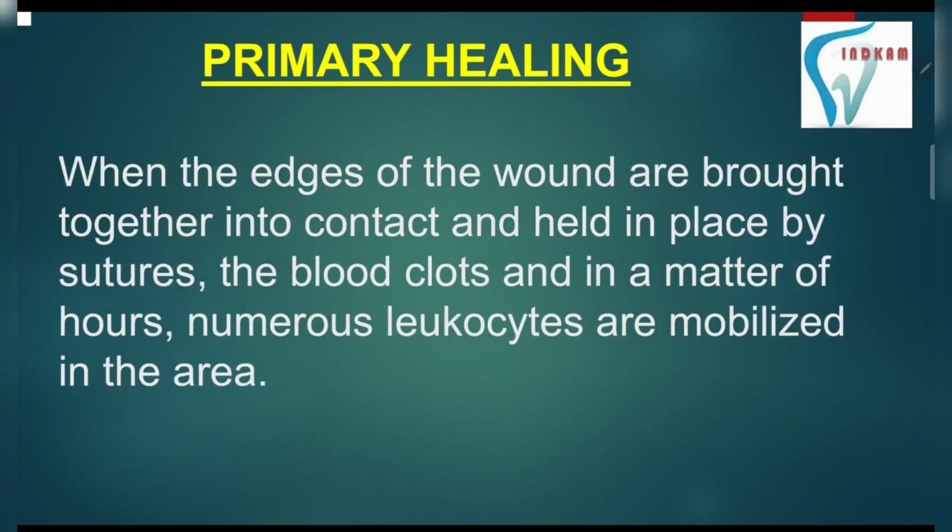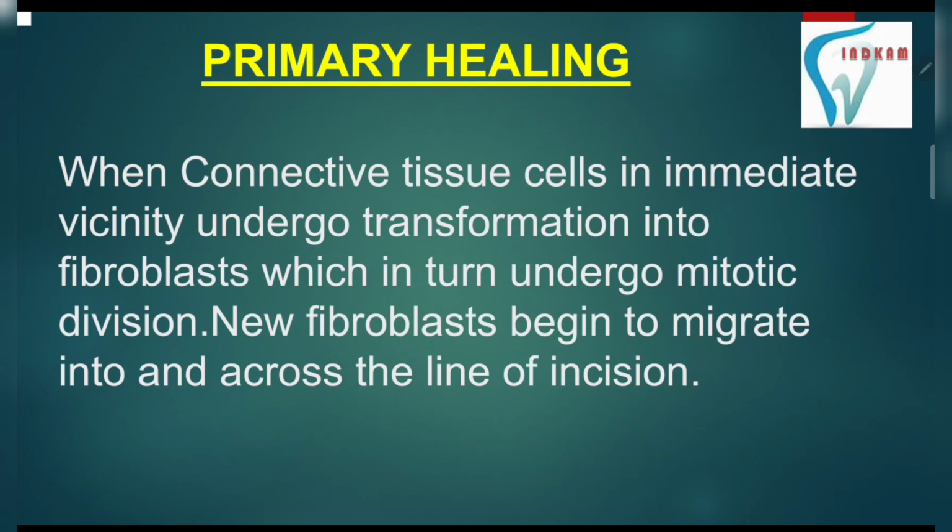When the edges of the wound are brought together into contact and held in place by sutures, the blood clots, and in a matter of hours, numerous leukocytes are mobilized in the area. The connective tissue cells in the immediate vicinity undergo transformation into fibroblasts, which in turn undergo mitotic division, and new fibroblasts begin to migrate across the line of incision.